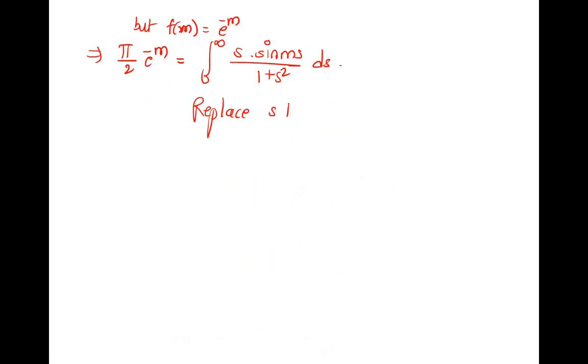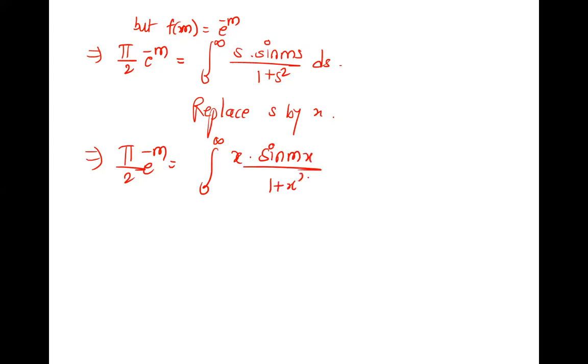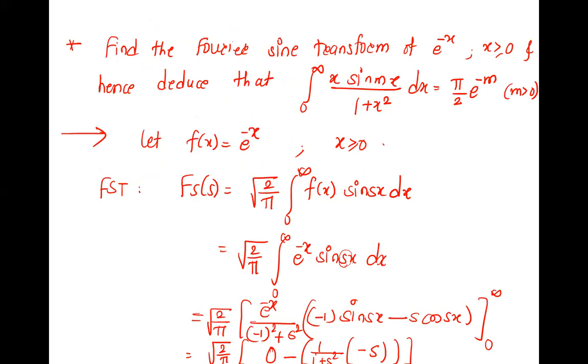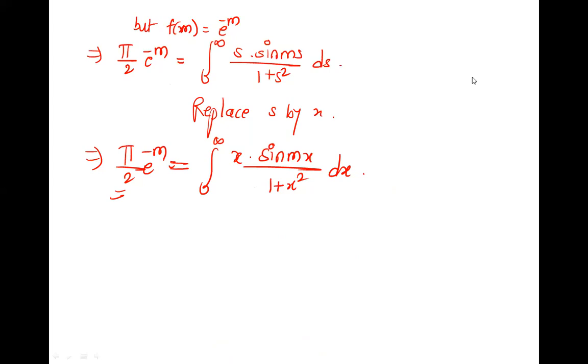All s we write as x, the rest as it is. So it is integration 0 to infinity x sine mx upon 1 plus x square dx. What is the value? It was the deduction question, so we got pi by 2 e raised to minus m.